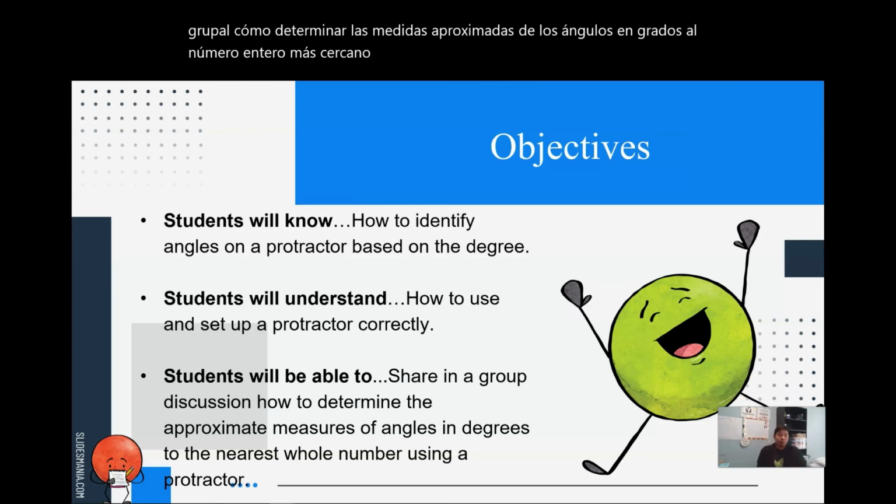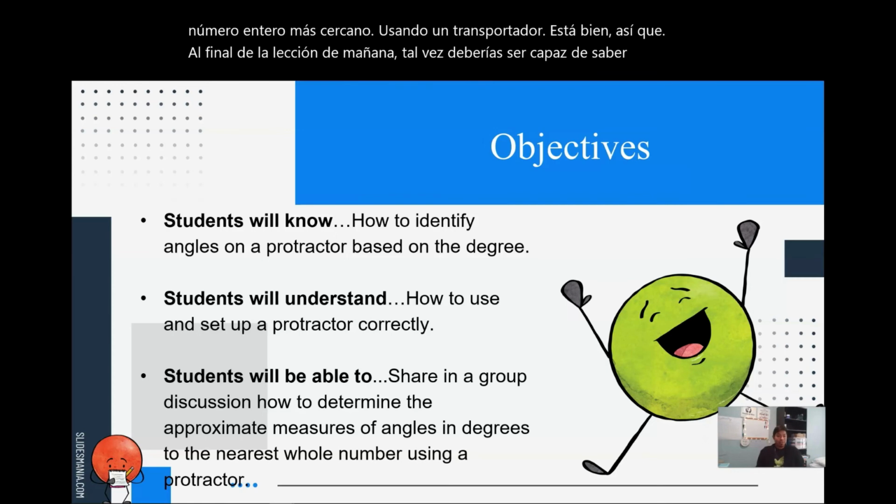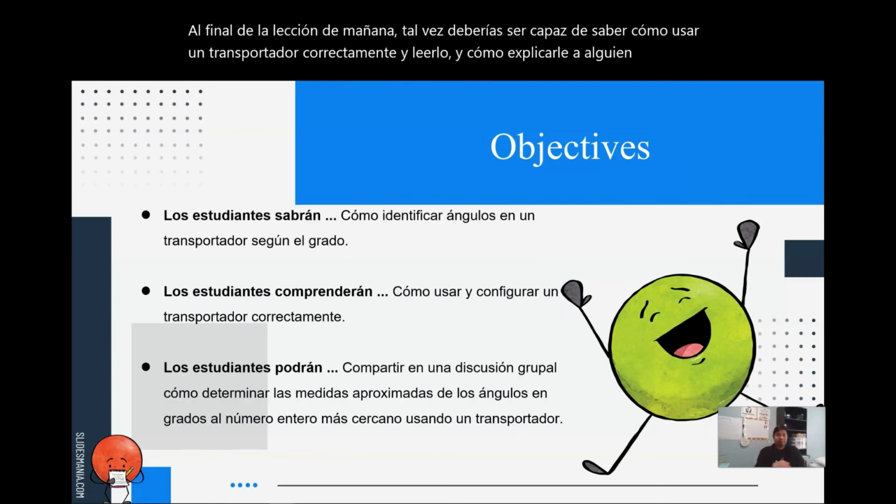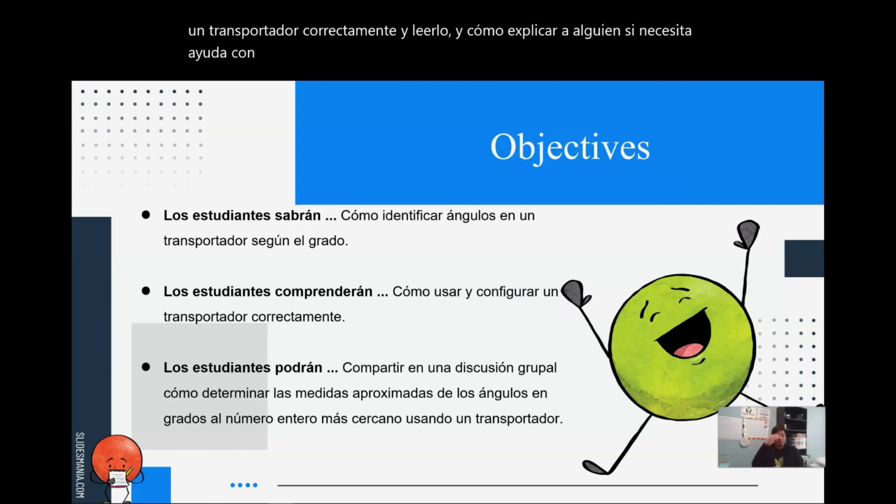Okay, so by the end of tomorrow's lesson, maybe, you should be able to know how to use a protractor correctly and read it, and how to explain to somebody if they need help with it too. Okay, and here it is in Spanish just in case you need it.